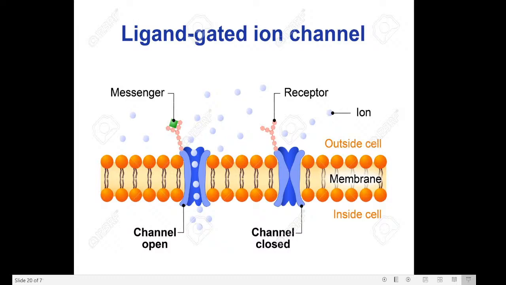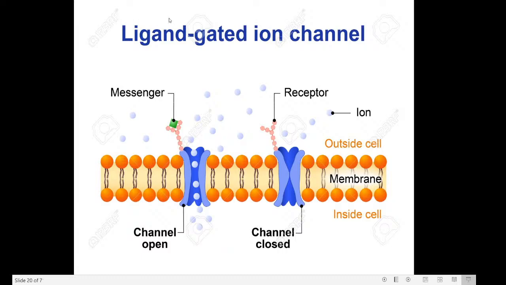Then ligand-gated channels. Ligand-gated channels have external message-receiving receptors. Once the receptor receives the signal, that is the signal for entry. There is a demand in the cell, so we need to open and allow the ions.